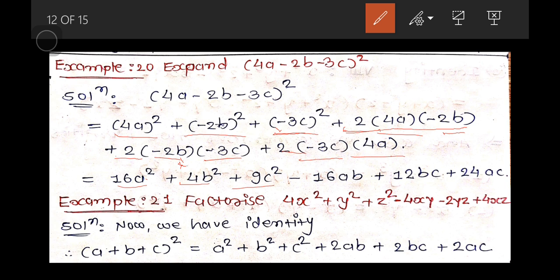Taking the multiplication of this product, we get minus 16ab.